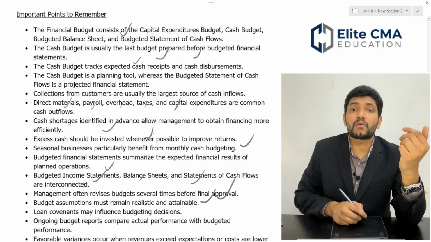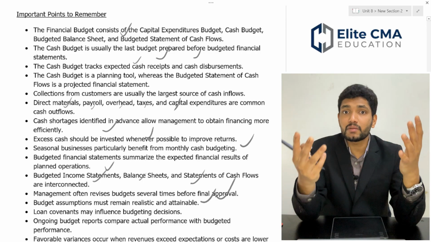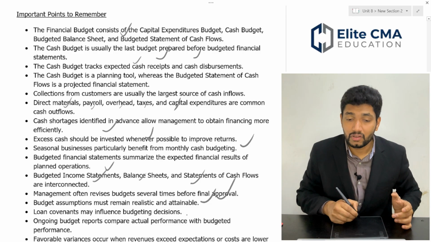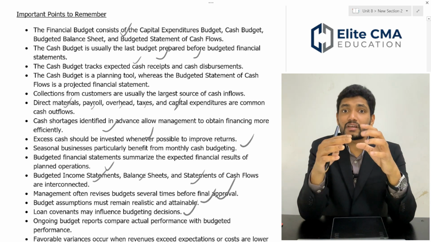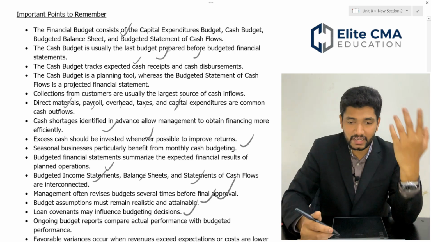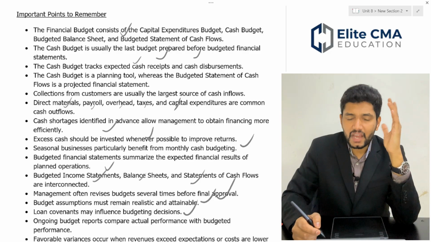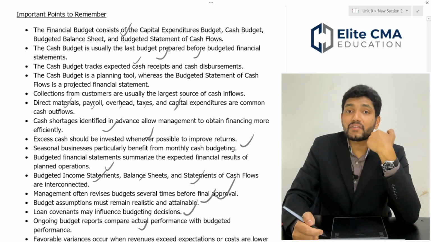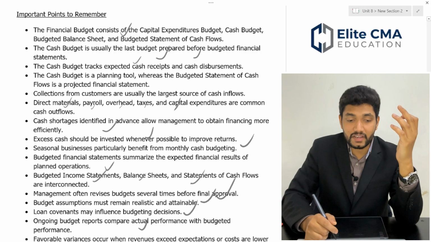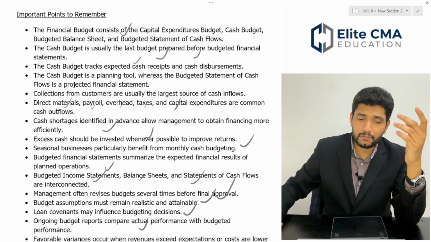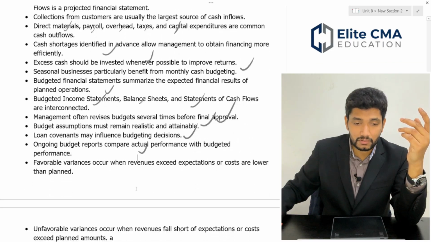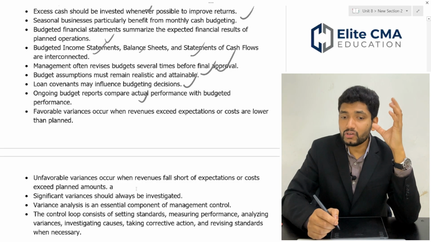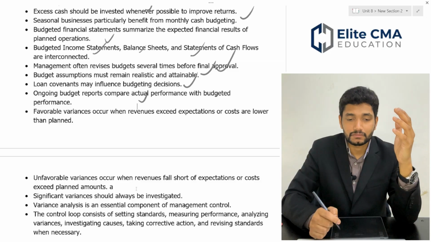Again, loan covenants. Loan covenants are terms included in the loan agreement with financial institutions, which will have a big impact on budgeting decisions. They may force the company to maintain certain financial ratios and financial health. Again, ongoing budget reports compare the actual performance with the budgeted performance to see the variances and address them. Again, favorable and unfavorable variances. Favorable variances occur when revenue exceeds or costs are lower than planned.